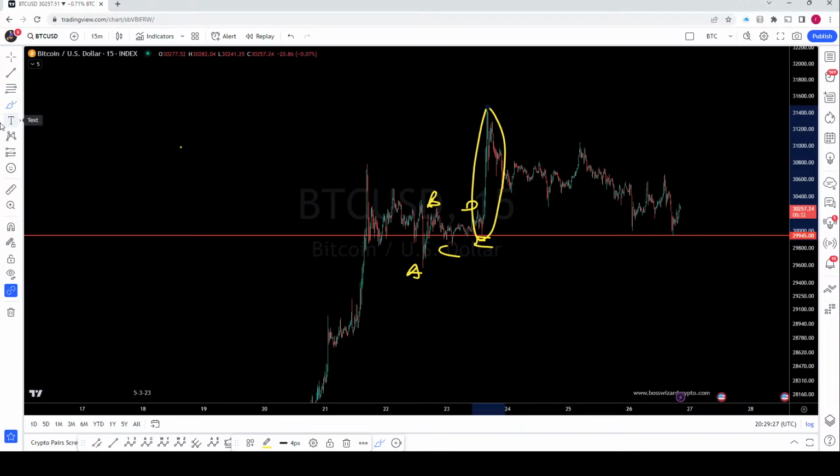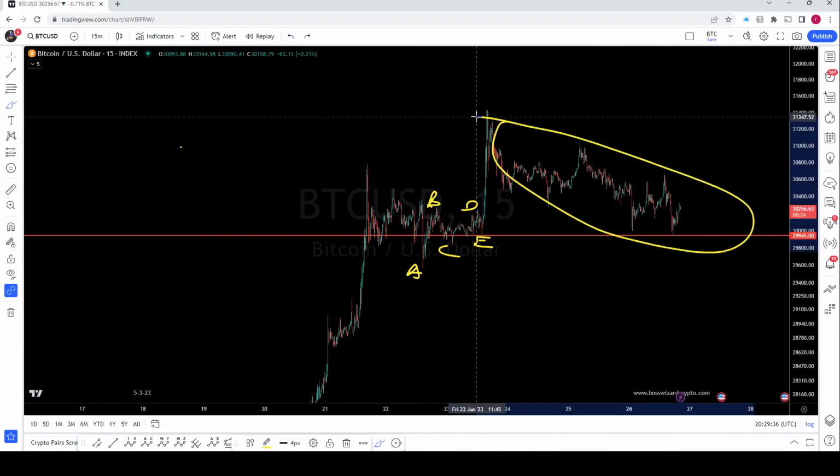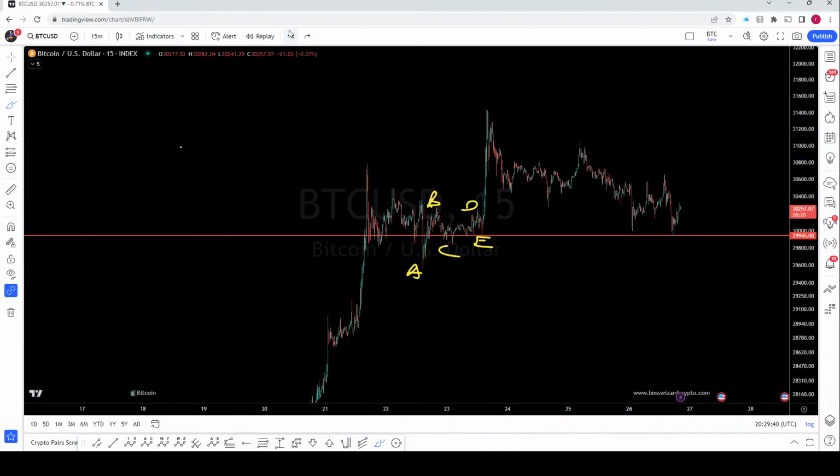It's done. Okay? This wave degree cannot possibly extend. If you couldn't tell that already by the size of this correction in relation to just that, right? But now you have confirmation that it is not possible for this wave degree to extend, okay?